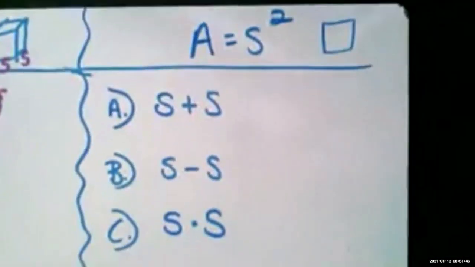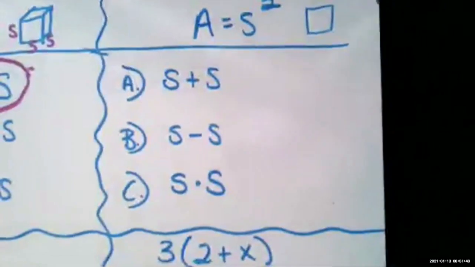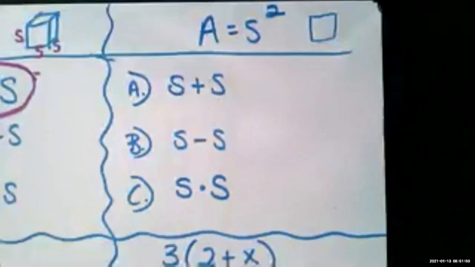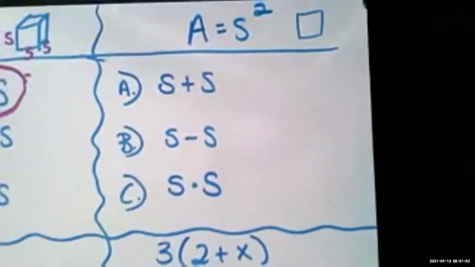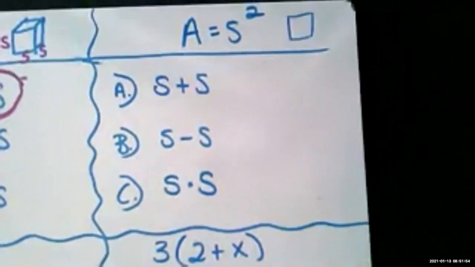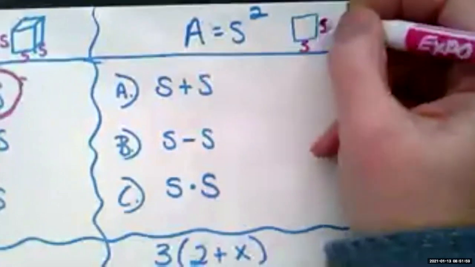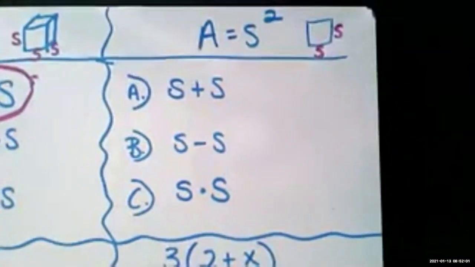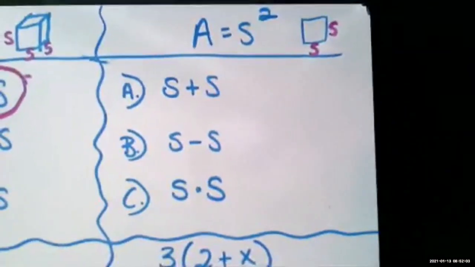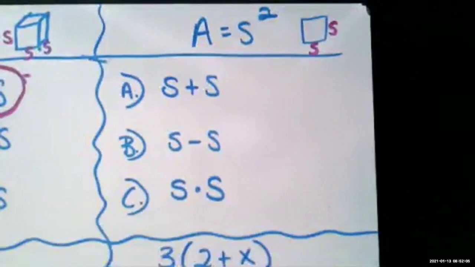Okay. Let's try an area question. If you have the area of a perfect square, it says the area is side squared. So that means this side times this side. Which one of these represents the area of this square?